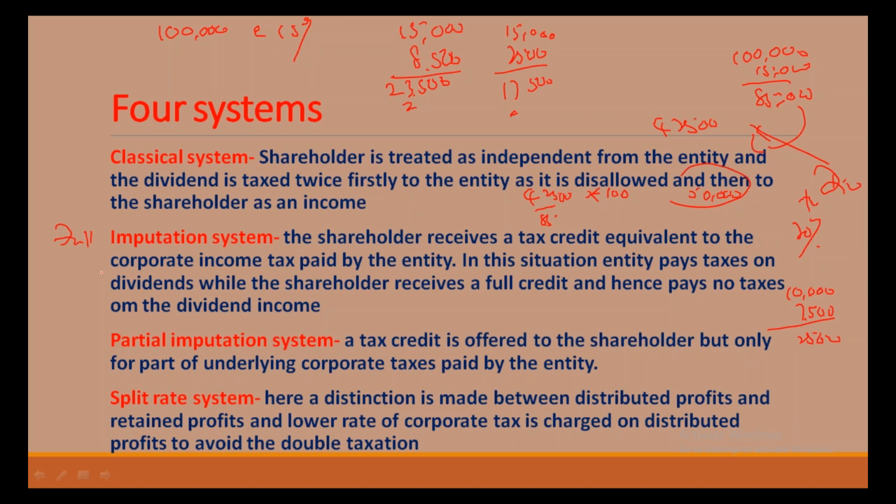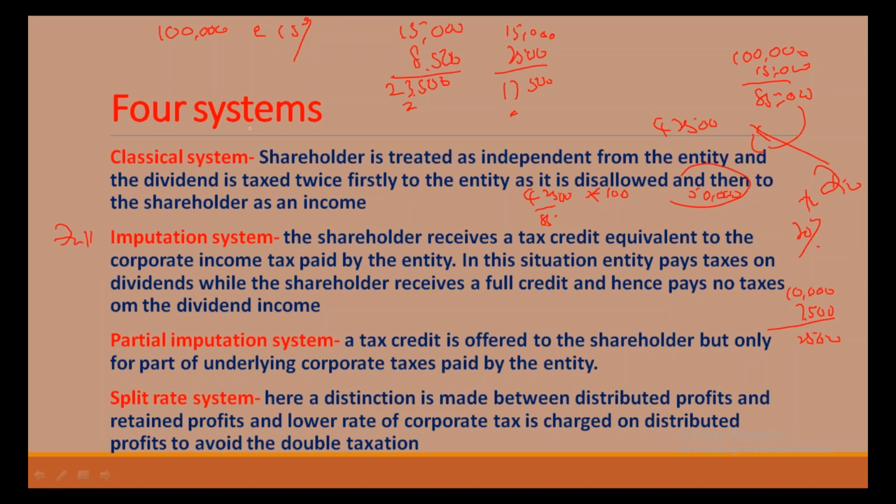In that case, 42,500 divided by 85 times 100 gives a total amount of 50,000, the same as before. But I can't claim the entire 15%; I can only claim 10%, which is partial tax imputation.